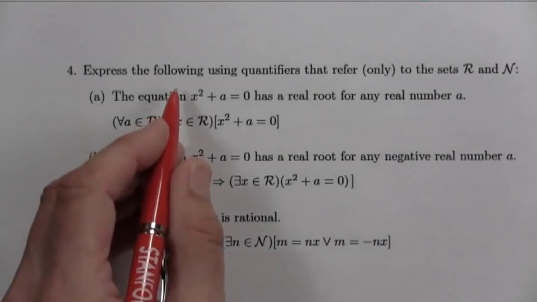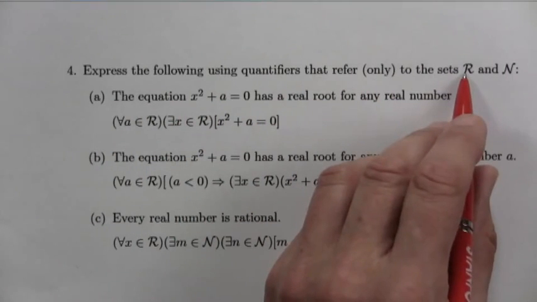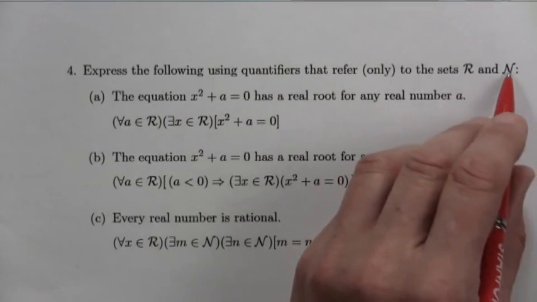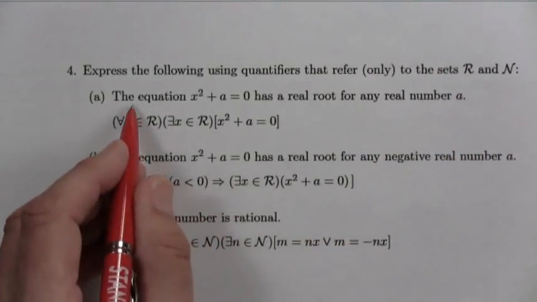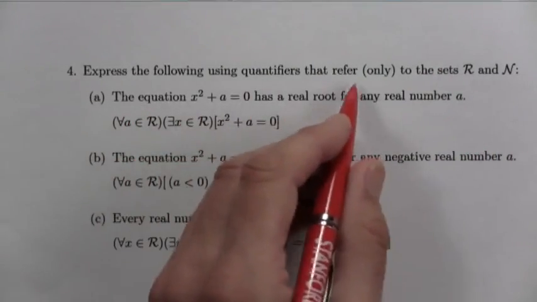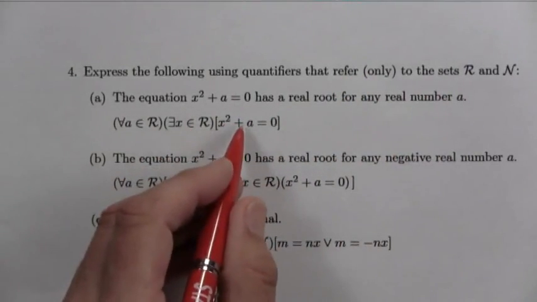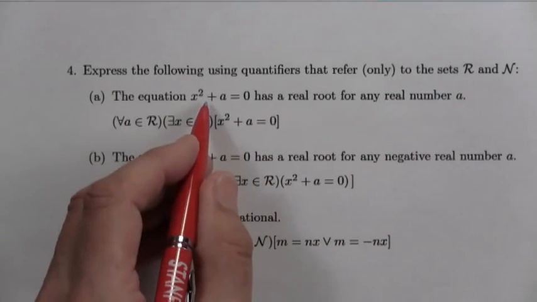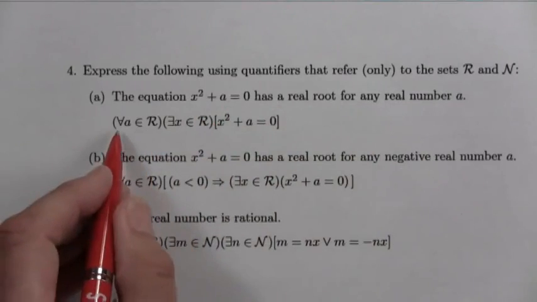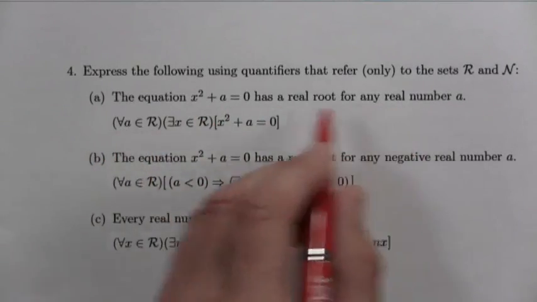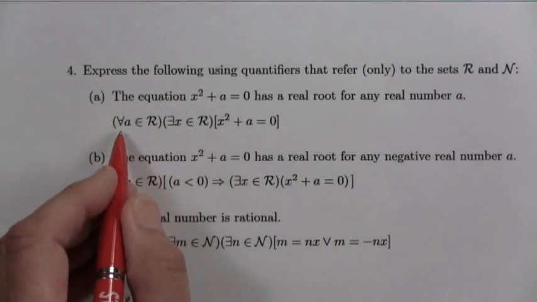Well, in question 4, we're restricted to use variables and quantifiers that only have real numbers and natural numbers. Okay, so we've got two kinds of quantifiers we can use here. The equation, which actually reflects how we often deal with real analysis, with questions involving real numbers. The equation x squared plus a equals 0 has a real root for any real number a. That would say, and notice by the way that the order is going to change in the way we present these.